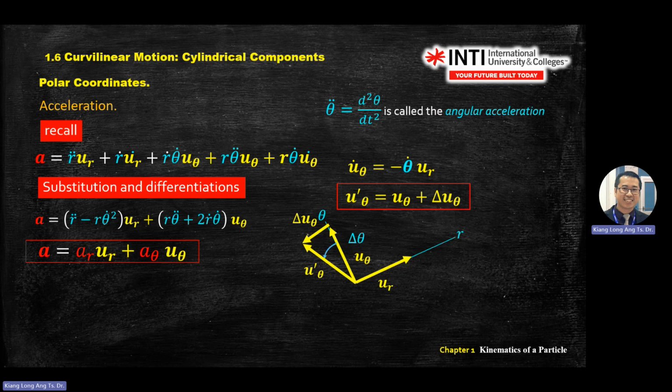The background operation you need to do is r double dot and theta double dot, then substitute inside the equation. You need to do differentiation for r, one time, two times, and for theta, one time, two times.